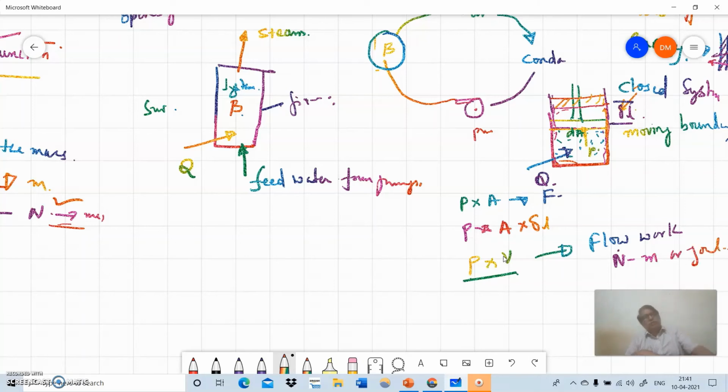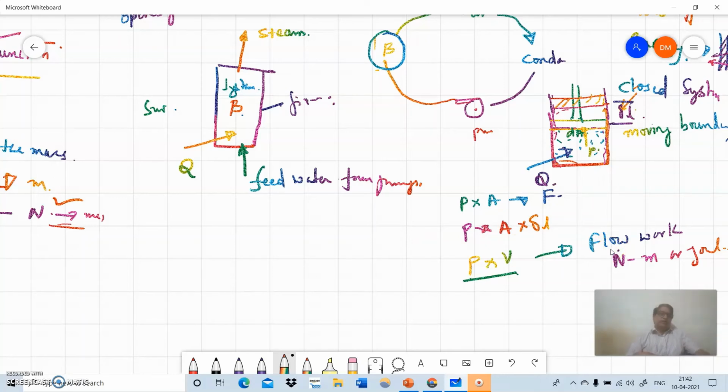Is this intensive or extensive? It is an extensive property because it depends upon the force, and force depends upon the mass. This is a path function. It depends upon the path followed.